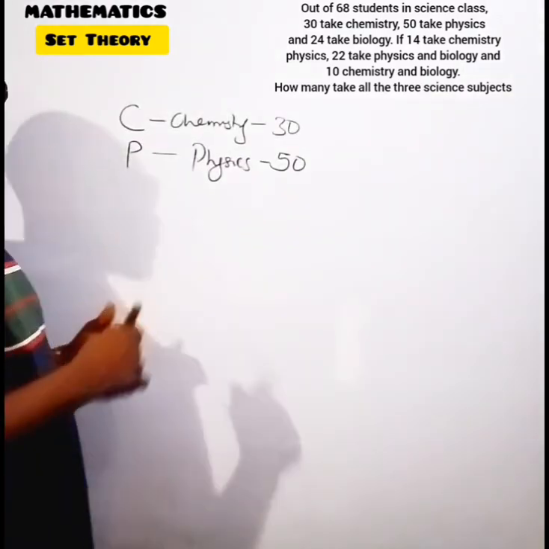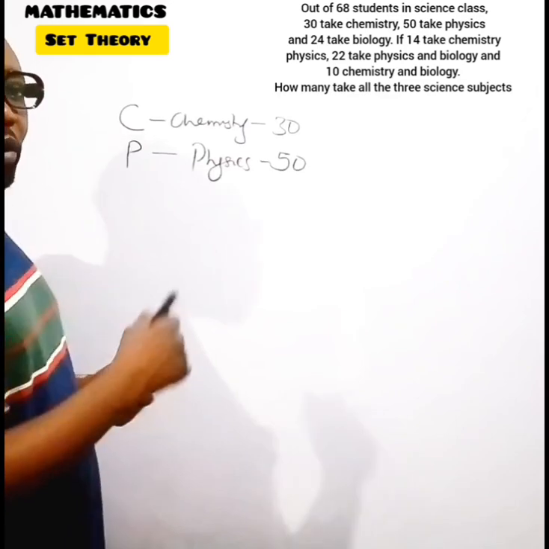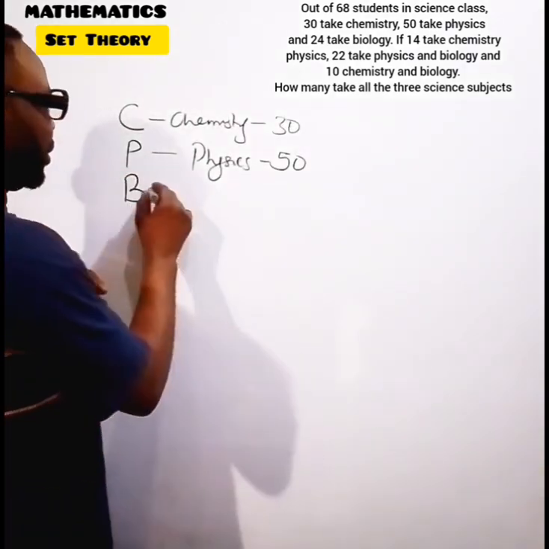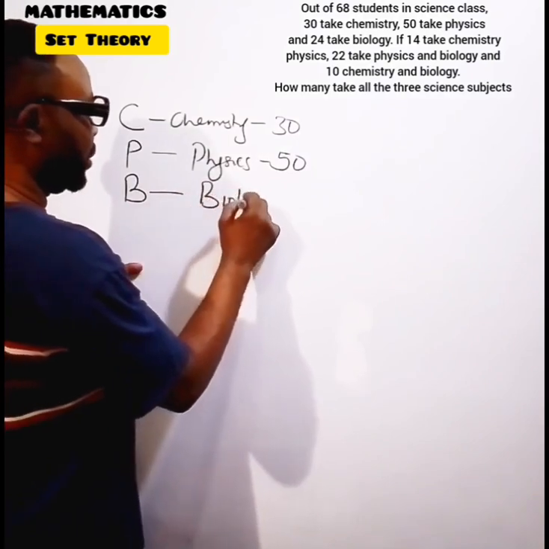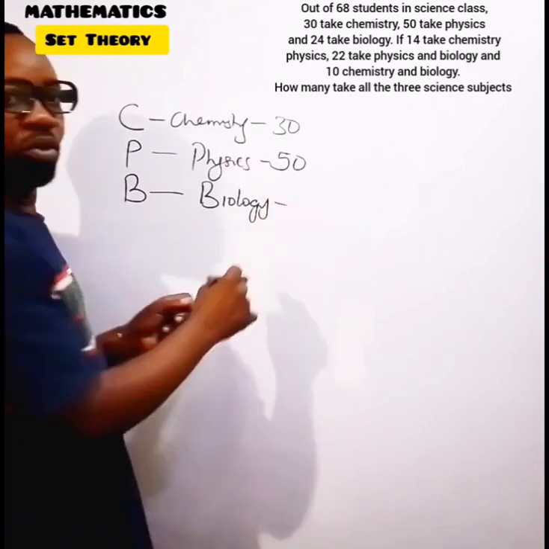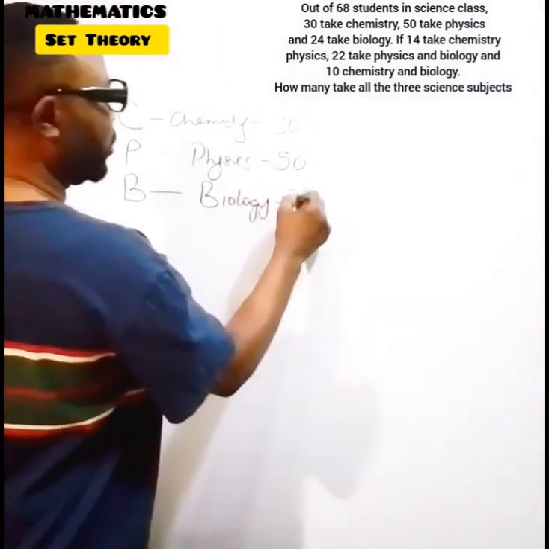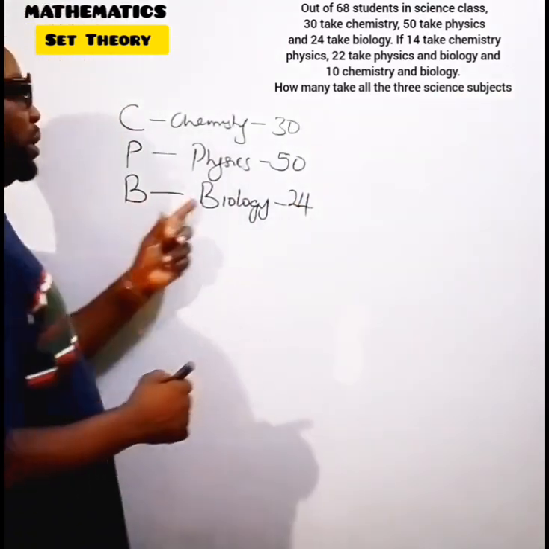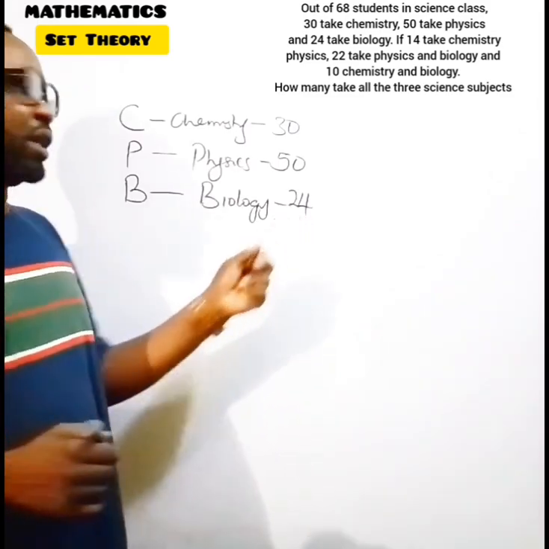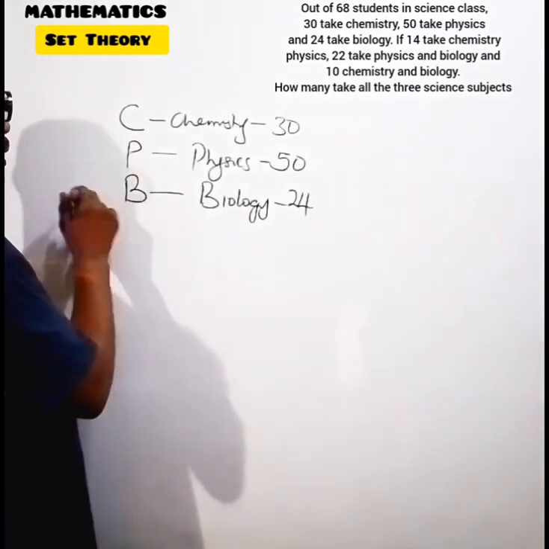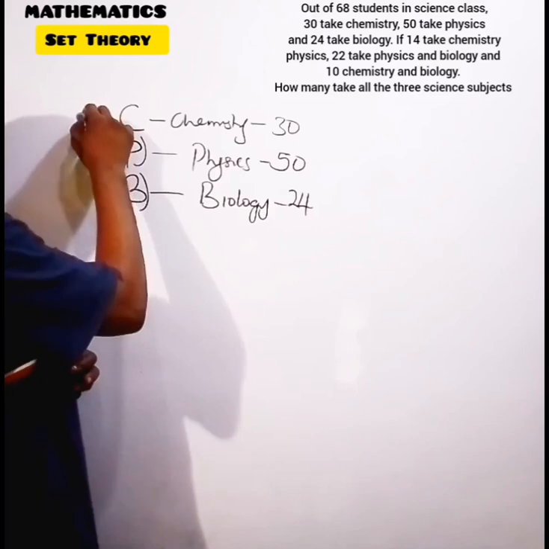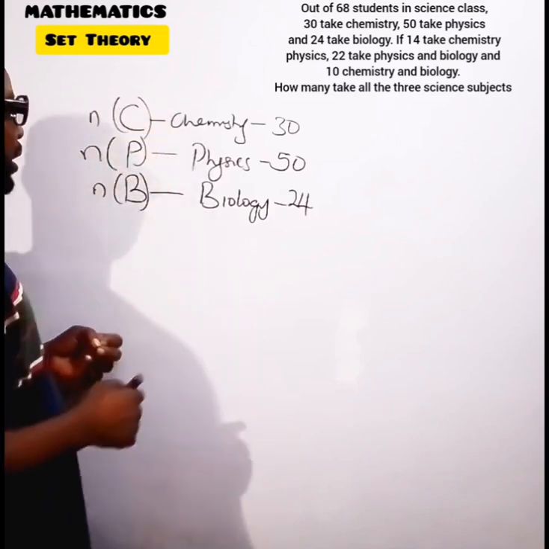Then, the other subject we have here is biology. 24 take biology. I will use B to represent biology. That is 24 students take biology. Now, this is the number of biology, this is the number of physics, and this is the number of students that take chemistry.